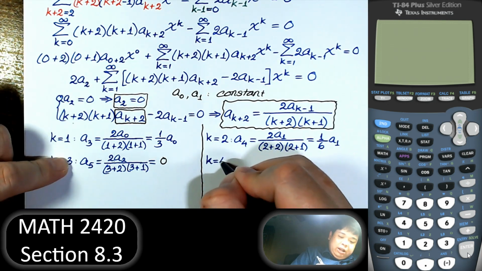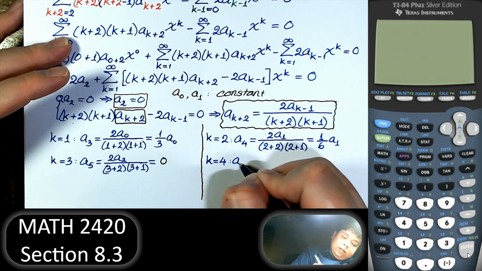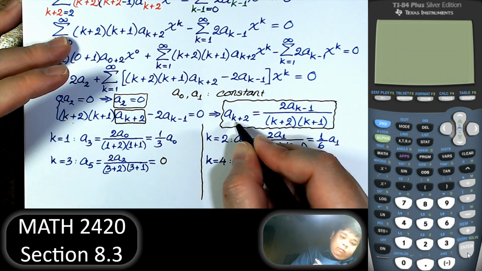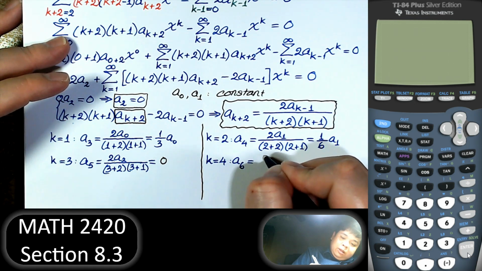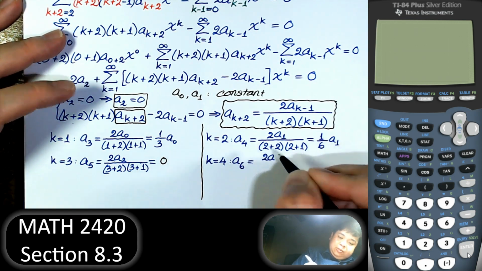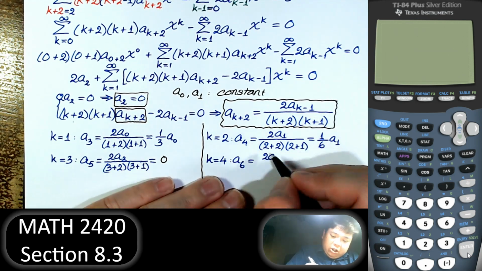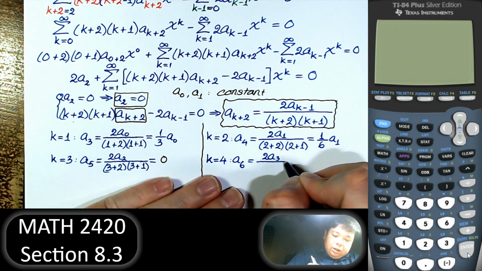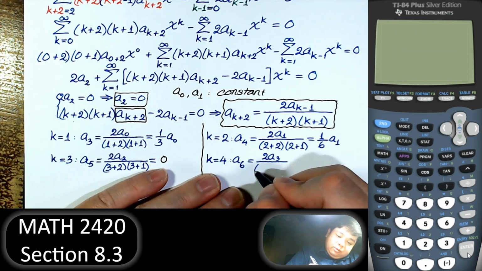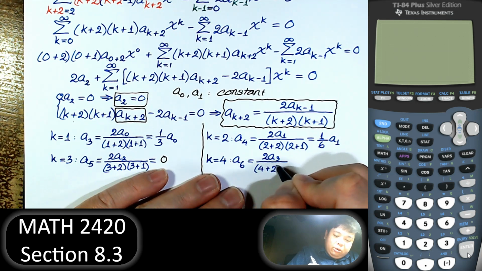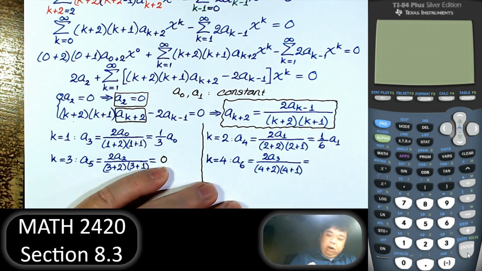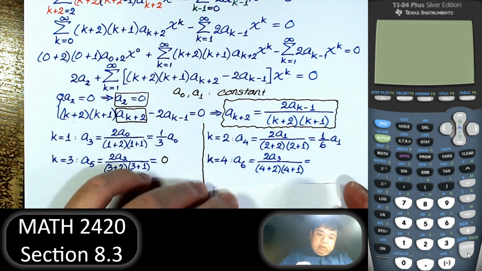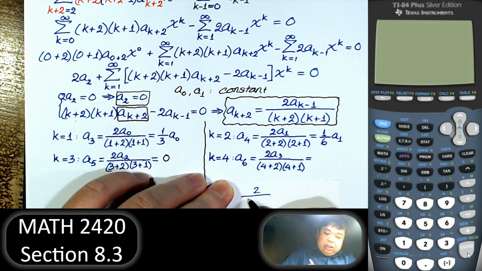K equal to 3, now k equal to 4. 4 plus 2 is 6. 2, a, 4 minus 1 is 3. K equal to 4, 4 plus 2, 4 plus 1. Right. Now, we have 2 over 6 times 5.